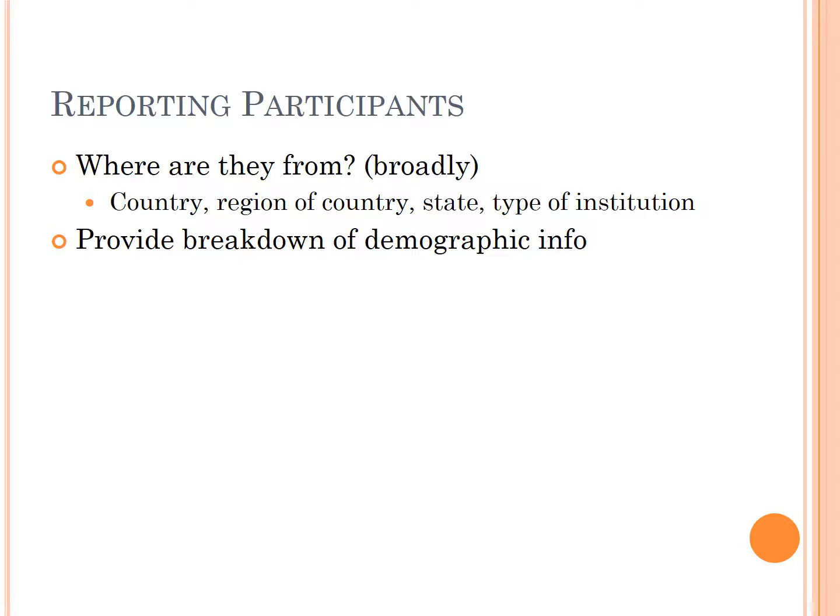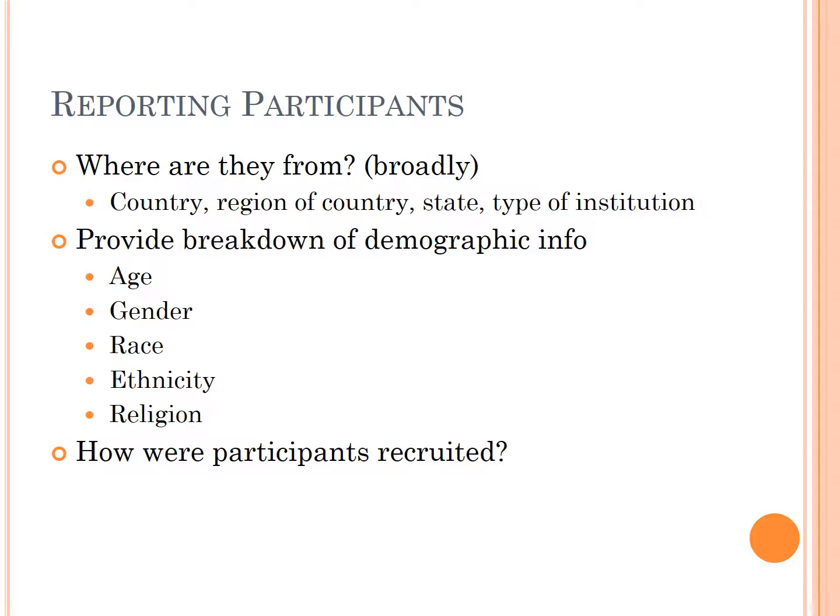Typically, this includes variables such as age, gender, race, ethnicity, maybe religion. Increasingly now you're starting to see focus on socioeconomic status and perhaps the family of origin. It'll depend on the different study and the study variables that you're looking at, but these are the basic ones that you tend to see.